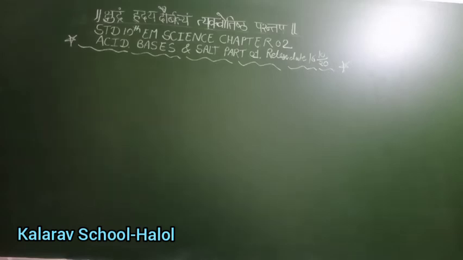The reaction taking place is written this way: NaOH, that is sodium hydroxide, in aqueous solution, meaning made with water, plus HCl in aqueous solution, chemically react to produce NaCl, that is sodium chloride, means common salt, and H2O, water. Means when base and acid chemically react, they produce salt and water.